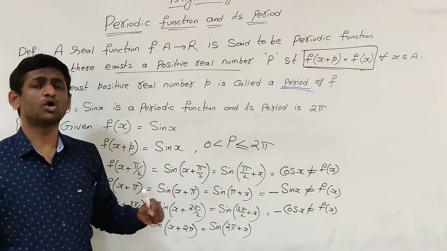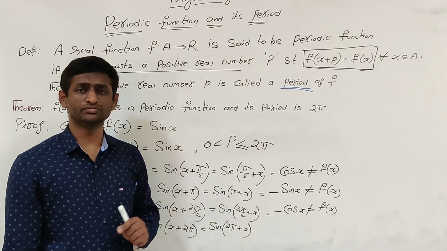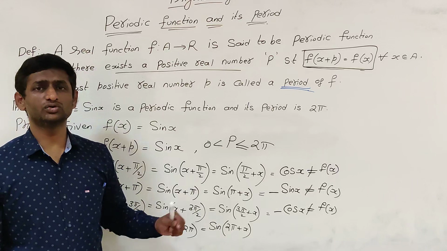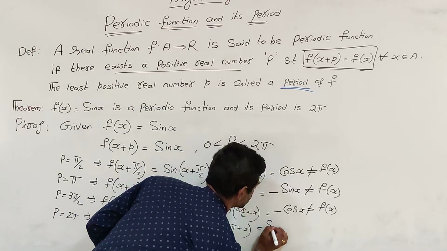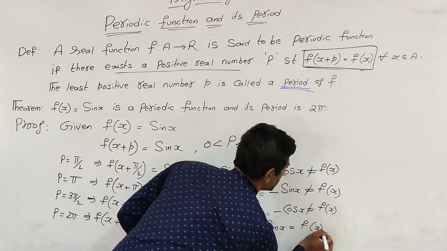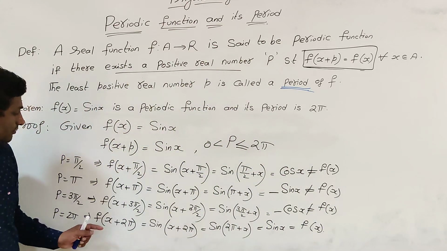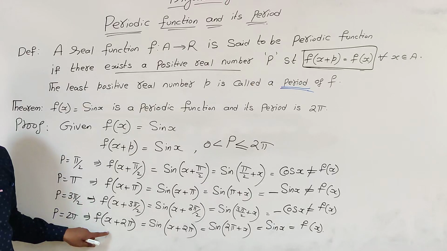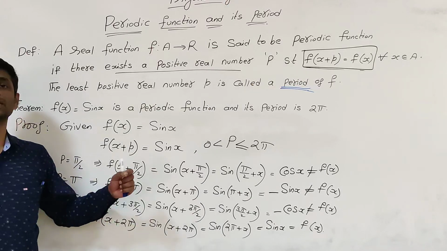In the first quadrant, all trigonometric ratios are positive, and it is an even multiple of 90, so it will be again sin x, which is f of x. So we got this condition satisfied, then we can say f is a periodic function.